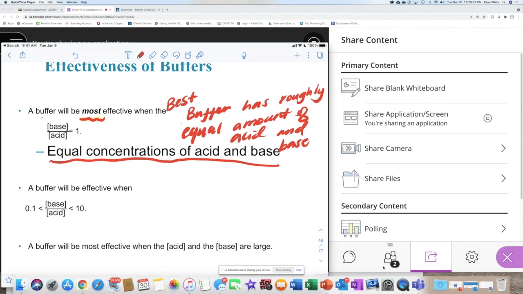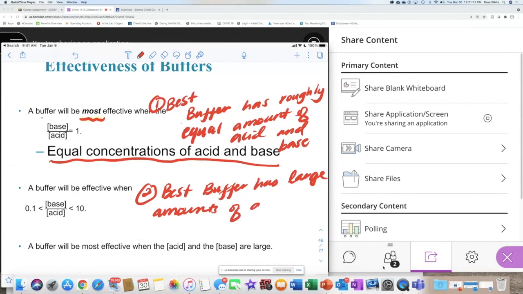It doesn't have to be the exact amount, but it has to be roughly equal. And not only that, so this is the first thing about the best buffer. The second thing is, the best buffer has large amounts of acid and base. Okay?